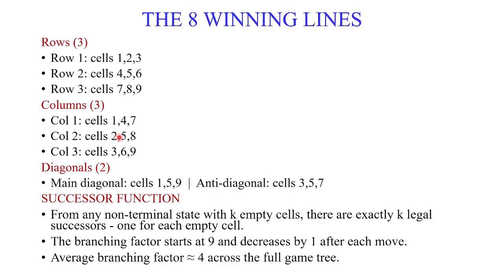What is the branching factor? How many choices you have at each step. It starts at 9 and decreases by 1 after every move. The average branching factor across the full tree is about 4. This is what makes tic-tac-toe so computationally manageable, so even a basic computer can solve it in milliseconds.